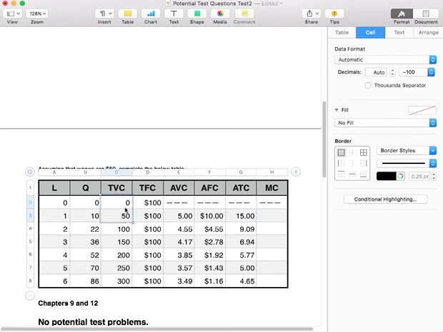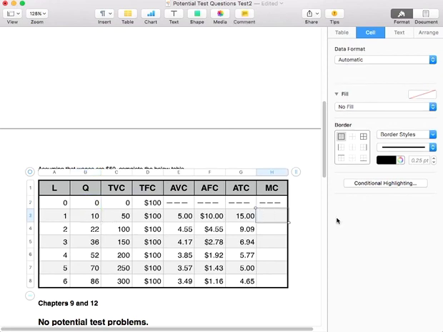All we're looking at here is how much our variable cost increased. Our variable cost increased by 50 units, so the numerator is equal to 50. The denominator is equal to 10 because our output equaled 10. So it's 50 divided by 10, which is equal to 5. If we do it for labor equal to 2 and quantity equal to 22, the change in variable cost is equal to 50.